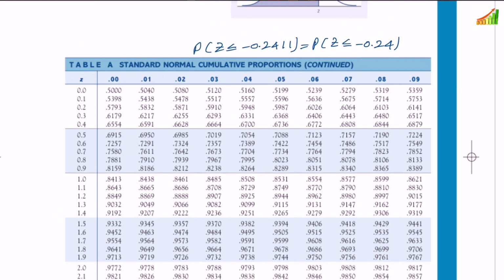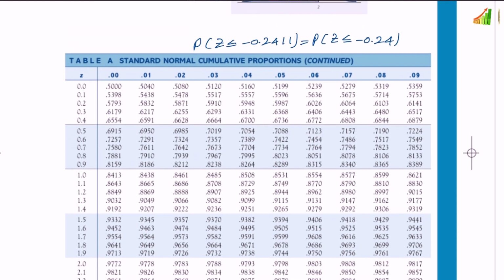If you go to the z table, you see 0.9500 is in between these two numbers. Here you see 0.9505 and this one 0.9495. So 0.9500 must be in between these two numbers, right?